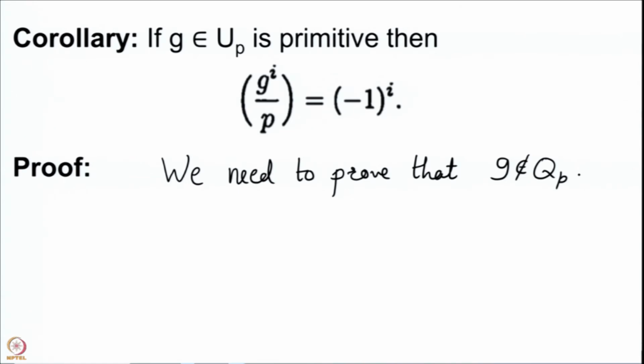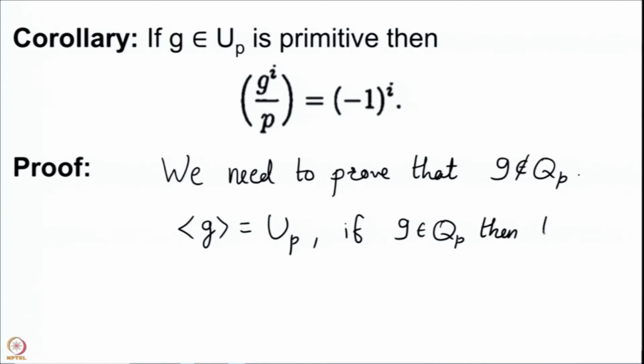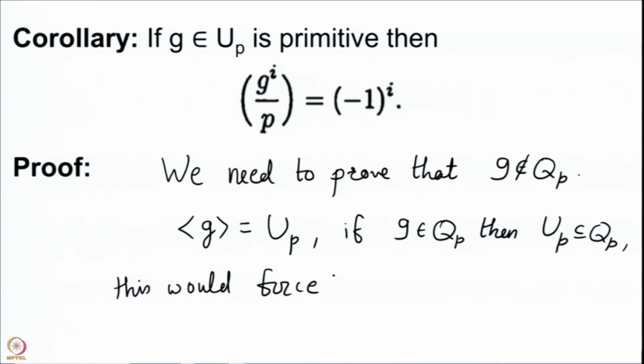But this is quite clear because the group generated by G is the group U_P. If your G was sitting in Q_P, then the whole U_P will be sitting in Q_P. But Q_P is also a subset of U_P. So, this would force U_P equal to Q_P.